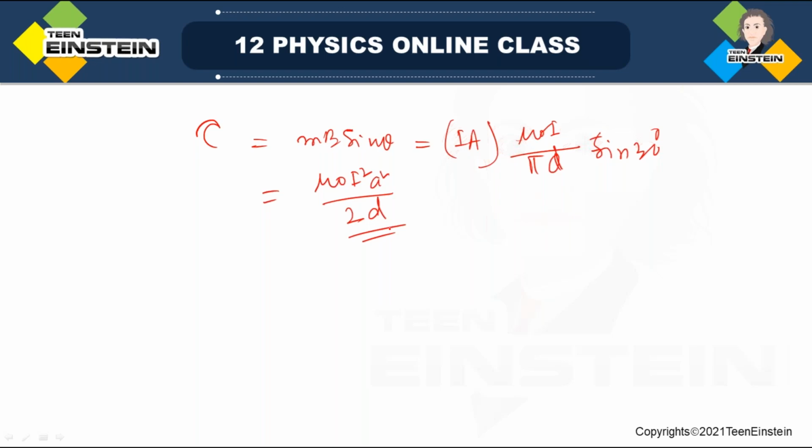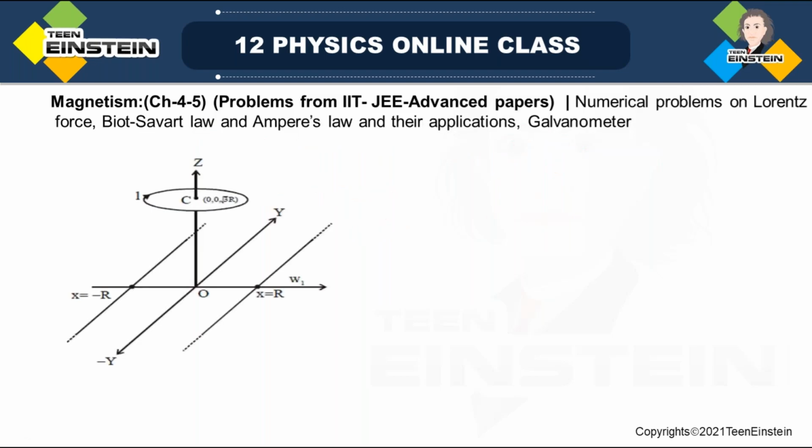A circular loop of radius capital R is suspended with its center at 0, 0, square root of 3 r, and in a plane parallel to the xy plane.